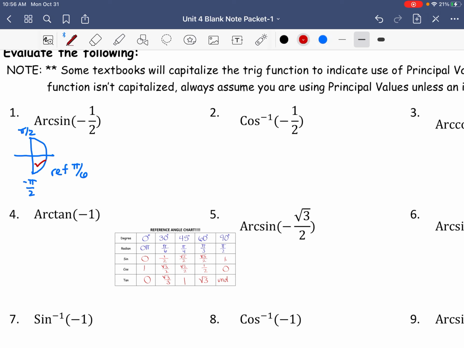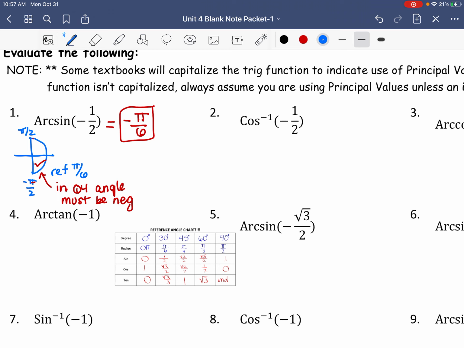But it's not 11 pi over 6. If you are in quadrant 4, your angle must be negative to fit in the restriction from negative 90 to positive 90 degrees, if we think of it in degrees. So my answer is negative pi over 6.